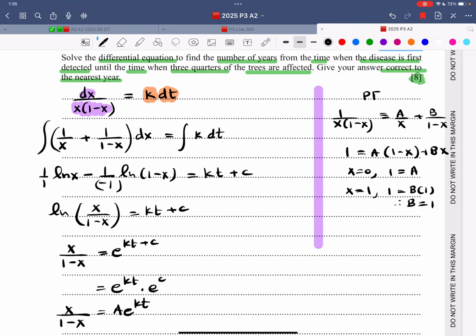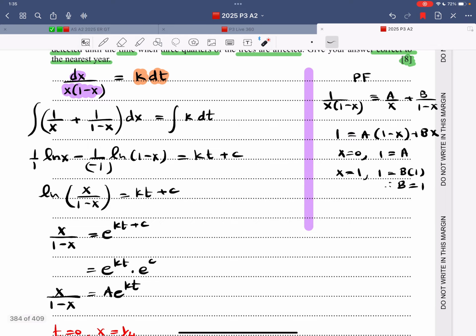No hint was given. You have to realize yourself. So don't expect the examiner to tell you that. You have to take the decision yourself. 1 over x(1 minus x), this is case 1, a constant over the first factor, another constant over the second factor. Let me write over here, this is case 1, that is denominator with linear factors.